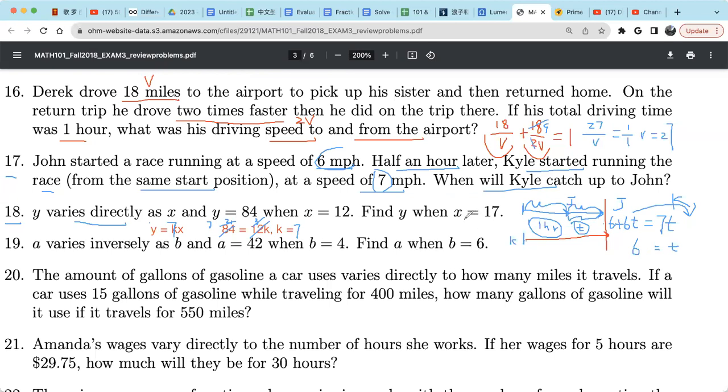So the question is asking, when x is 17, what's y? So y equals 7 times 17, which is 7 times 7, 49. 10 times 7, 70. 70 plus 49, 119. Right.